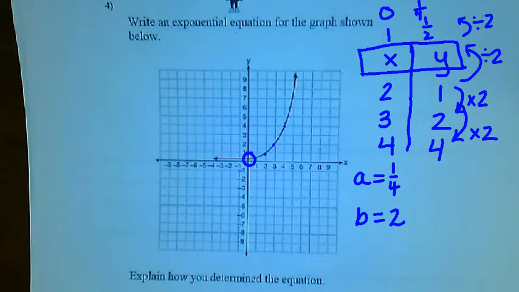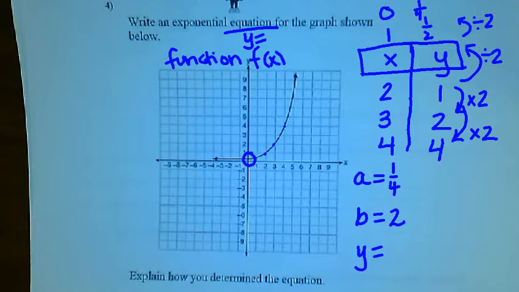Okay, so I'm just going to say y equals, because it says equation. Remember, equation is going to be y equals, function is f of x, or something like that.